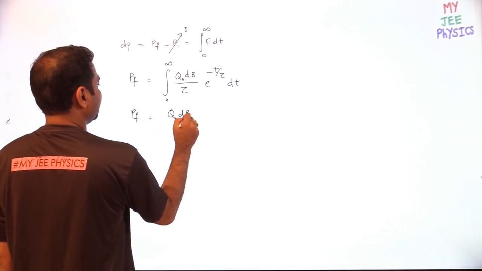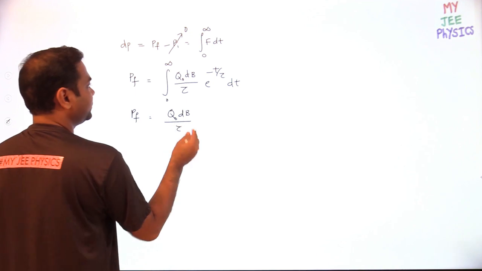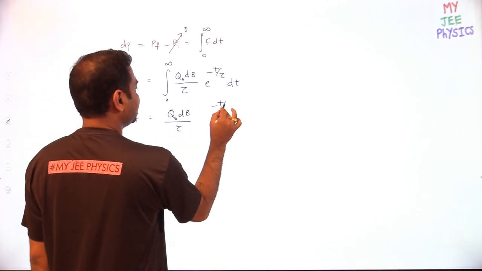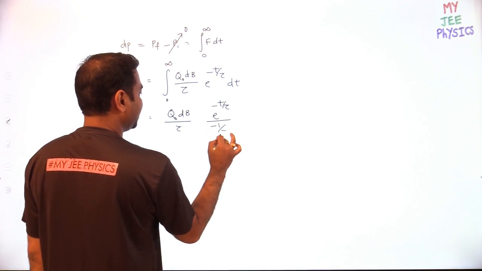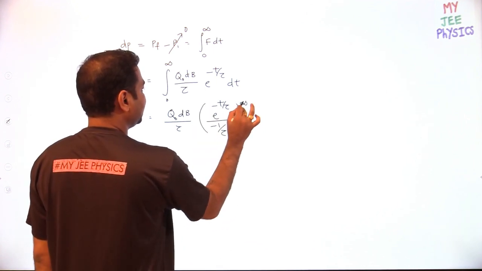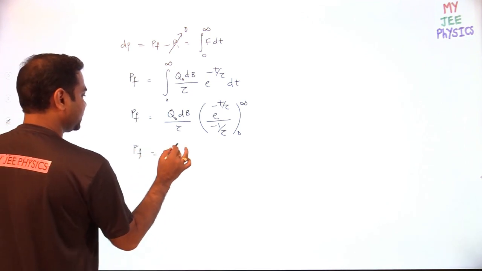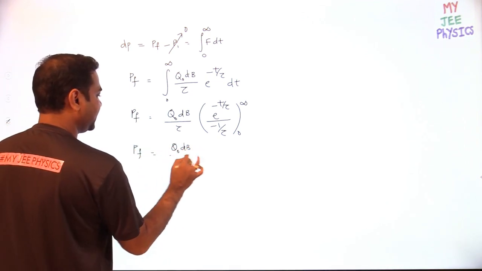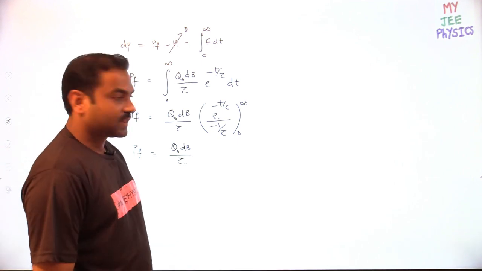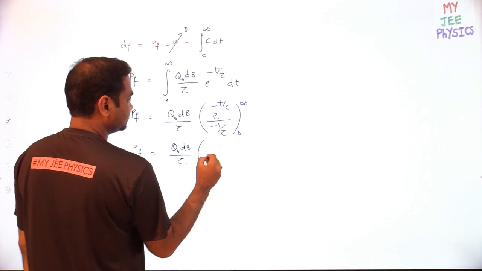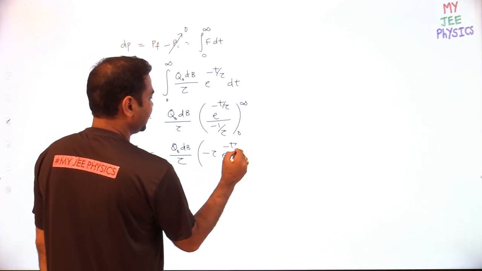Okay. Q naught dB by tau into integral e raised to minus kx. What is the integration value? e raised to minus t by tau by minus 1 by tau, from 0 to infinity. Okay na? So then final momentum is equal to q naught dB by tau. Then this I can write as minus tau into e raised to minus t by tau.